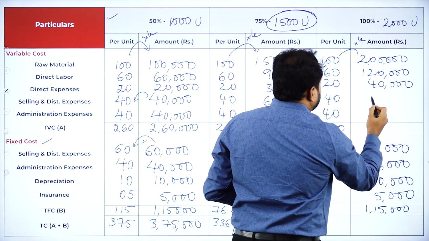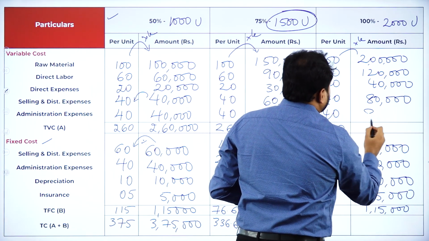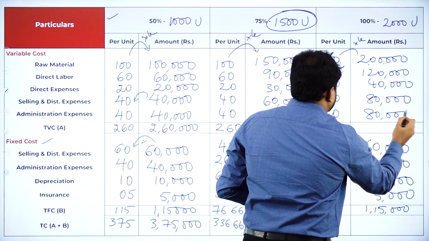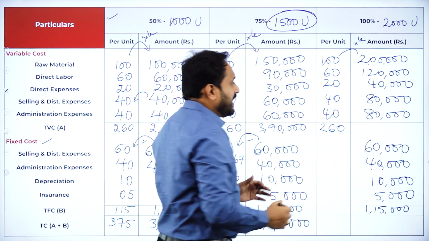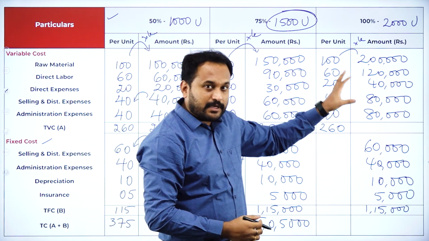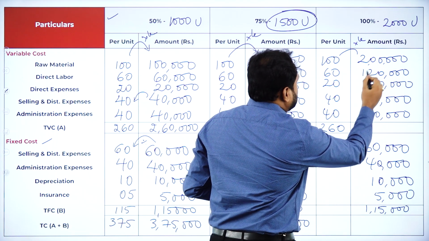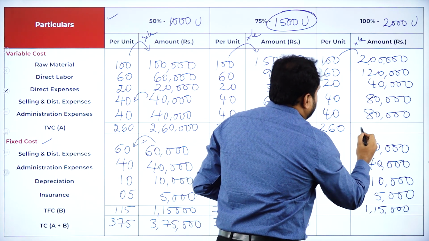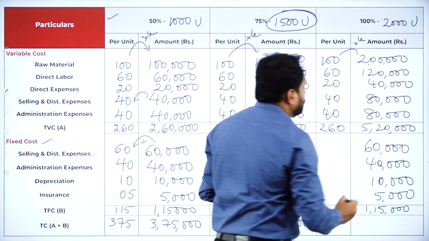Then 4 2s are 8, 80,000. And 4 2s are 8, 80,000. So here you are supposed to calculate 2 lakh, 1,20,000 and then 40 and 80 plus 80. If you go with it, you will get 5,20,000.